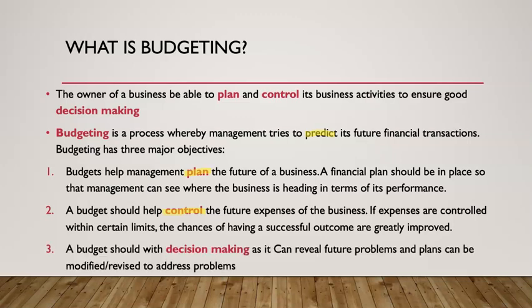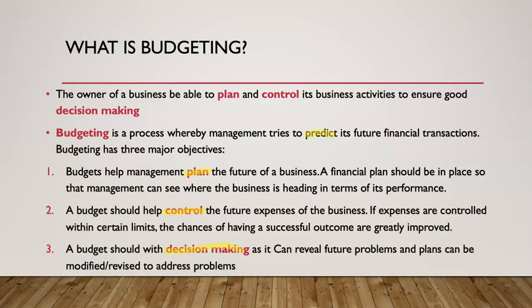And by doing this, the budget should allow for good decision making. It can reveal future problems, and then they might not be problems because plans can be modified and revised to address the problem. I would like to know 2 months in advance that I'm going to make a loss, because then I can make lots of good, remember the key word, decisions to make sure I don't make a loss.